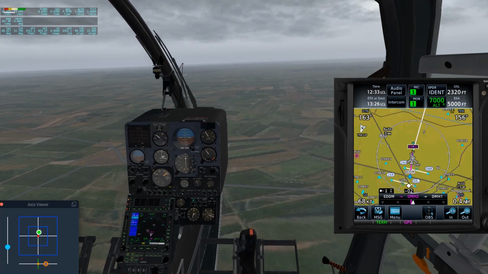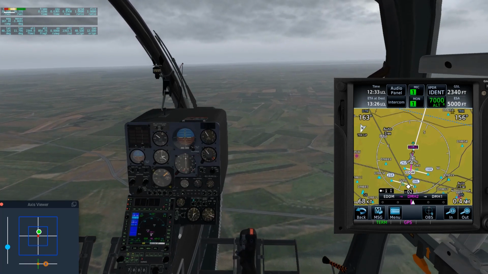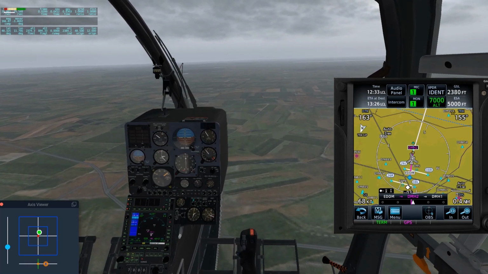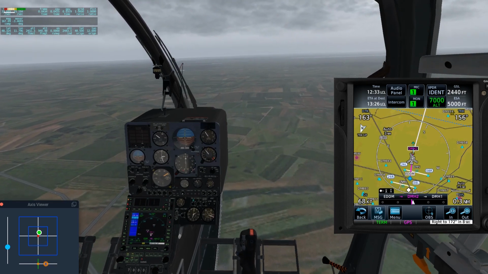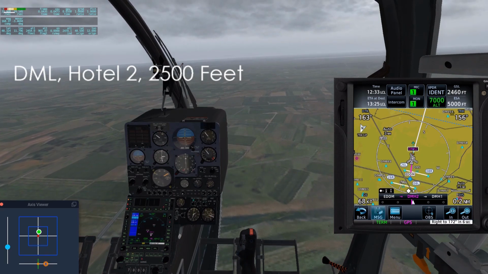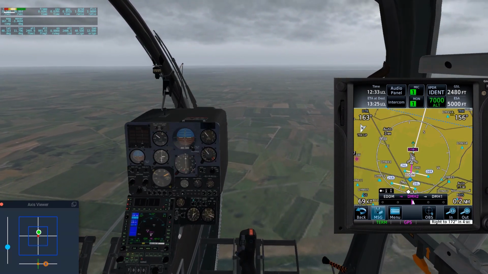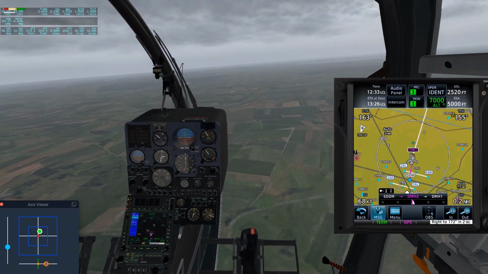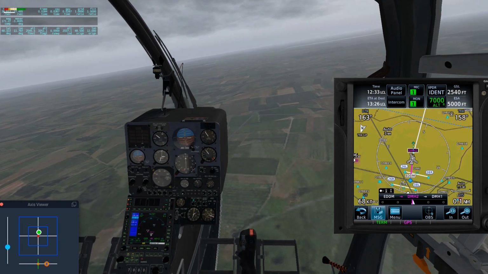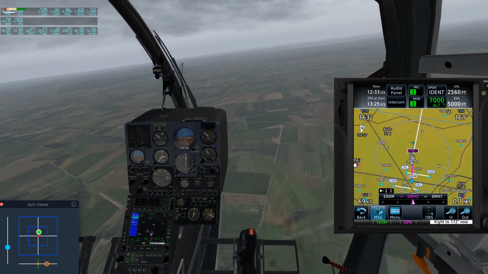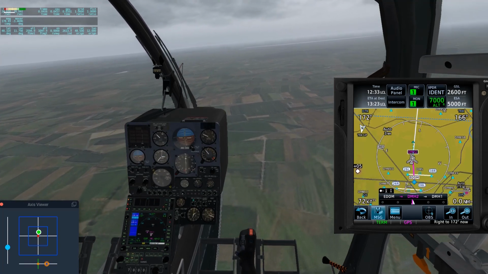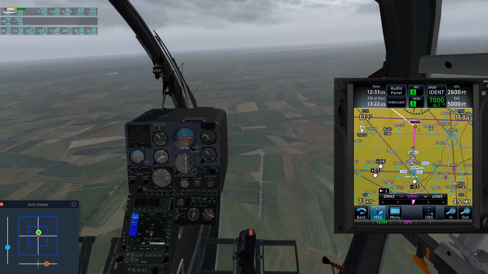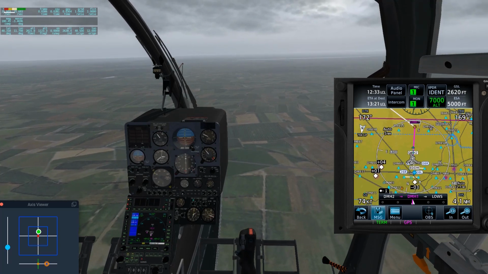Tower, good evening, this is Easy 4680, final runway 26 left. Easy 4680, München Tower, good evening, 1 departure ahead. Delta Mike Lima, Hotel 2, 2,500 feet. Delta Mike Lima, roger. München Tower, Servus, German Air Force 852, ILS 26 left. Air Force 852, München Tower, Servus, wind check 250 degrees, 17 knots, continue approach.